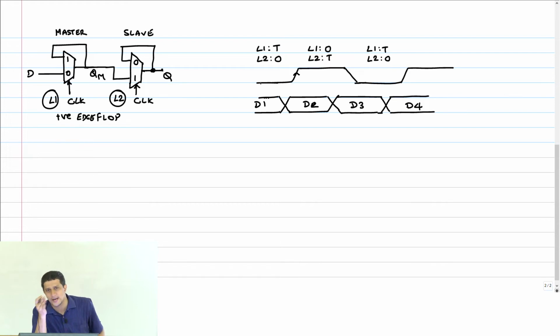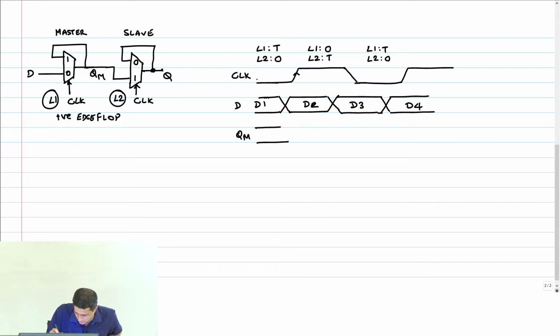That means any change in D will go through or percolate to QM, the output of this thing. So QM, we can safely say, is D1. It may have happened with some delay, but given that D1 has settled already, this is going to be D1.